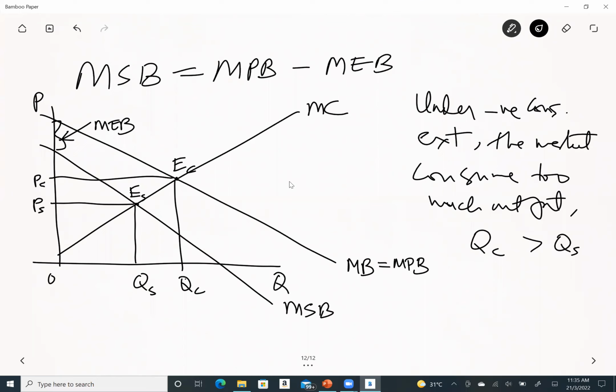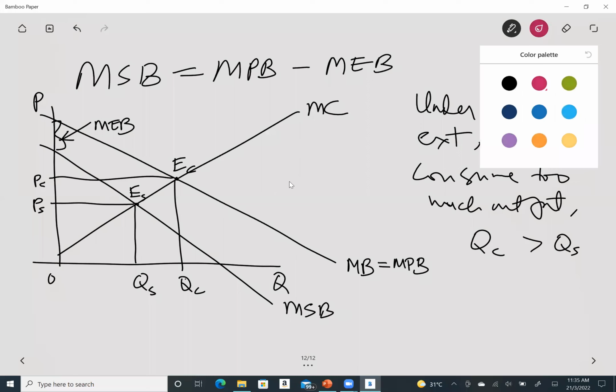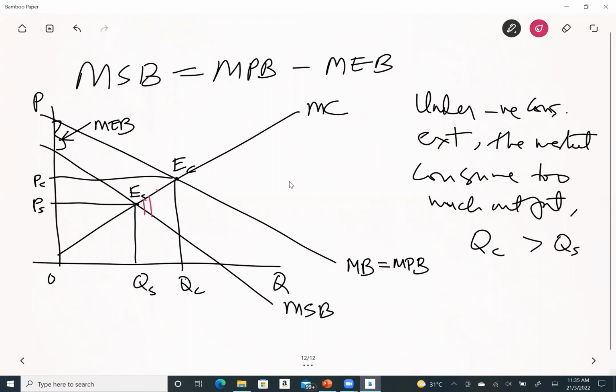And the net gain to the society is this area. So that is the net gain. Okay, now in order to see the net gain, this is a negative externality. So we argue it incurs costs.